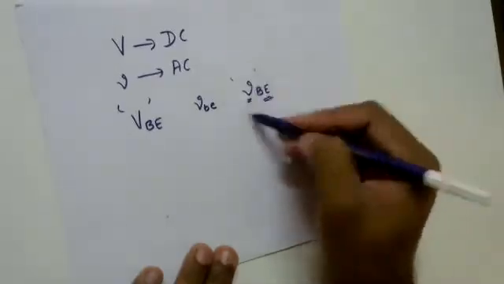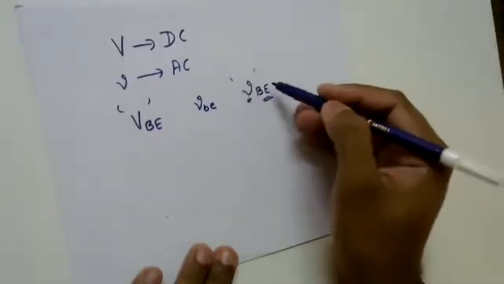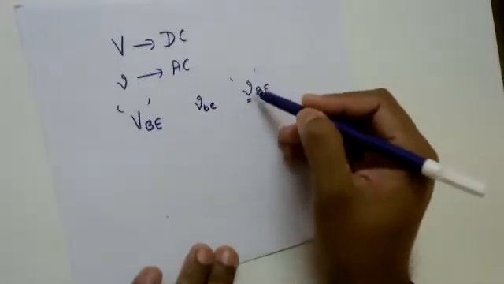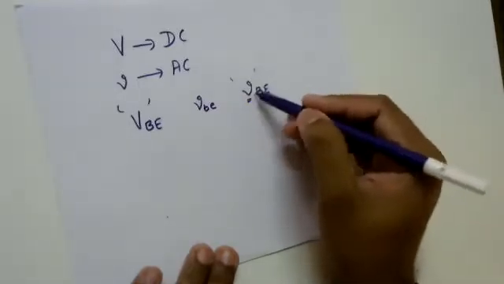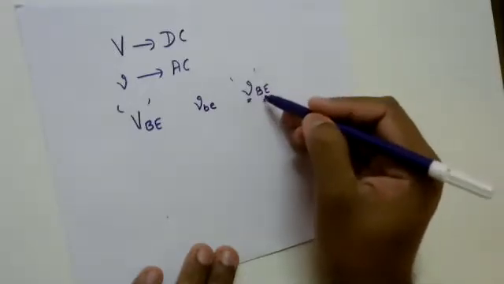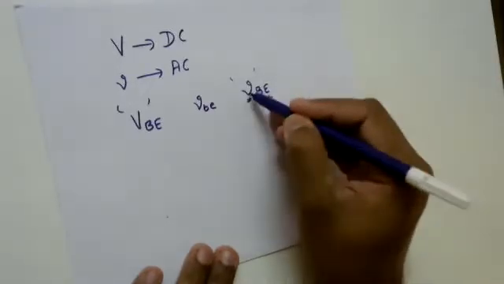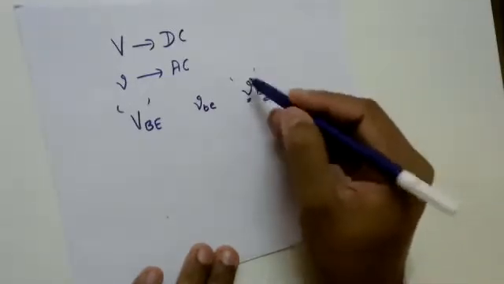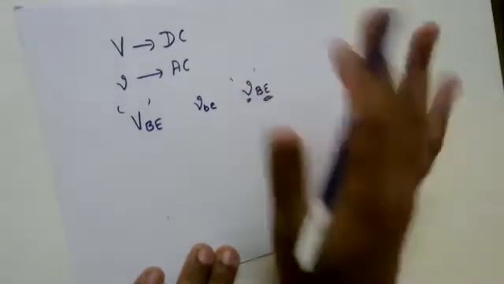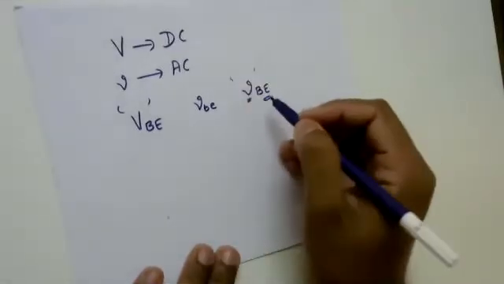So when there is a combination, what is your observation? The AC parameter is denoted by small letter and the DC parameter by capital, and the DC parameter is always a subscript. I hope you're able to understand this, because on all four of my expressions you will get this term.